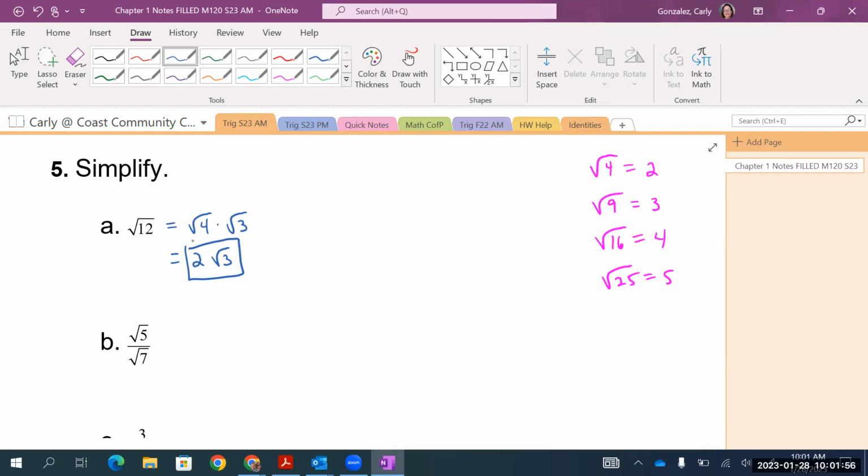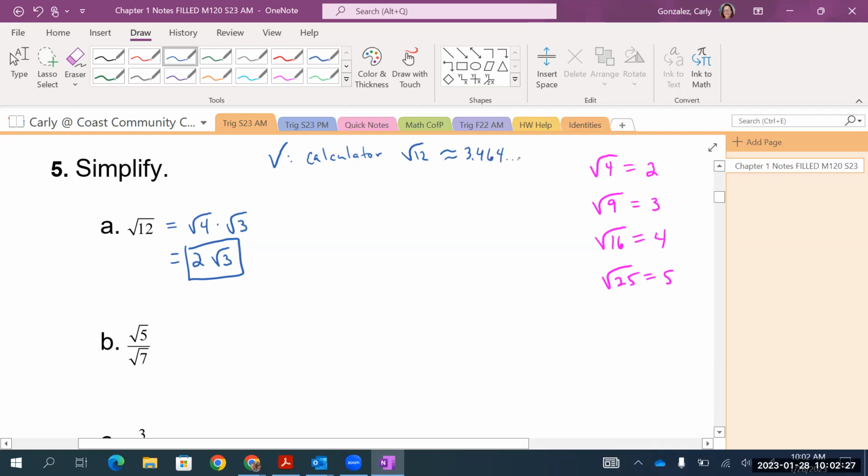And this is where it's nice to evaluate. Sometimes it's nice to just check it on a calculator. And this is more just a check. If I put in the square root of 12 into the calculator, now some calculators these days will actually tell you it's 2 rad 3. But if I make it a decimal, I get approximately 3.464 and then some other digits.